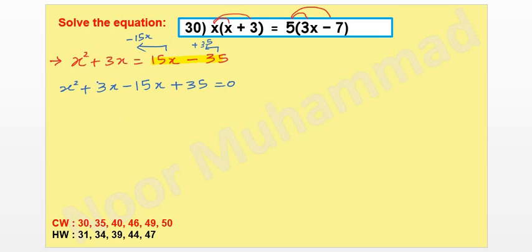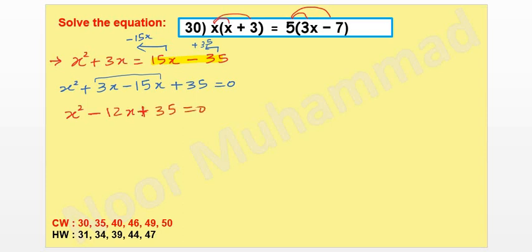Still it's not in the standard form, because these two terms are like terms and can be combined. Since 15 is greater than 3, its sign is used, so we get x squared minus 12x plus 35 equals 0.